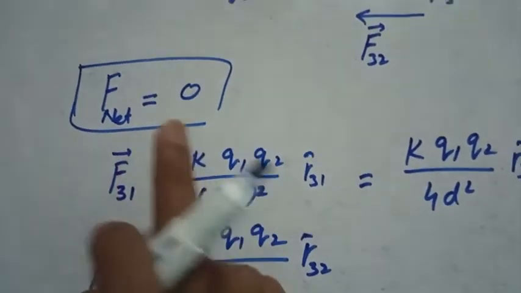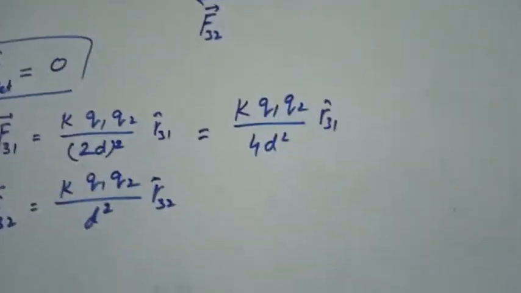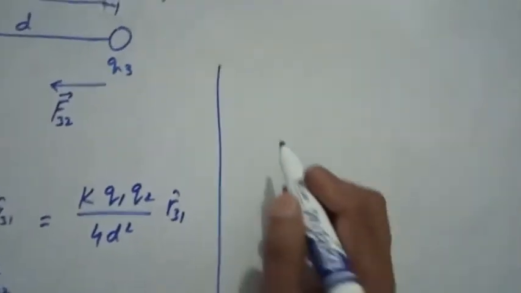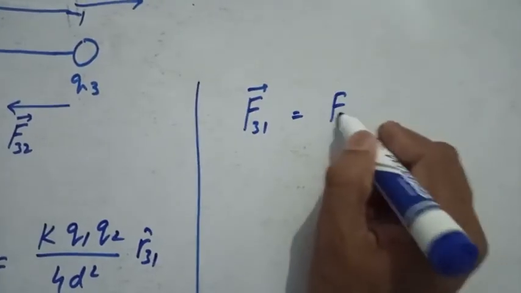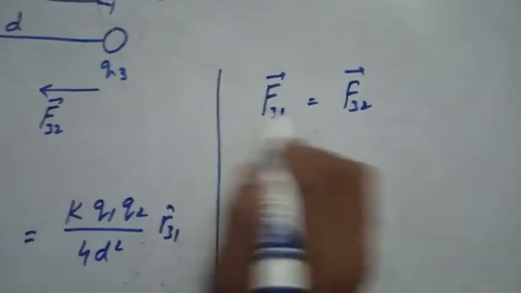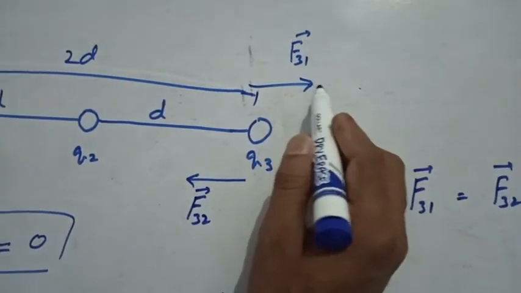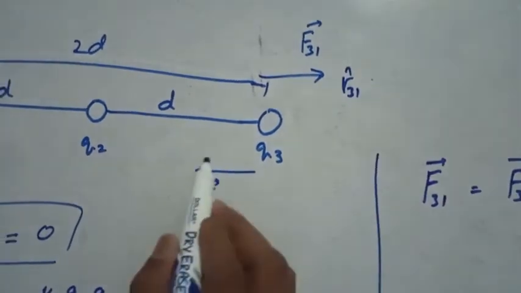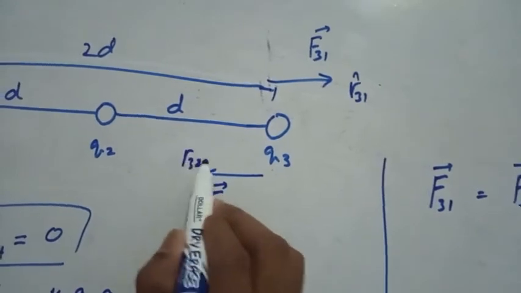As charge q3 is in equilibrium, it means both forces acting on charge q3 must be equal to each other, that is, F31 is equal to force F32. For the direction of these forces, let's say the unit vector in this direction is r31 hat, and the unit vector in the direction of force F32 is r32 hat.